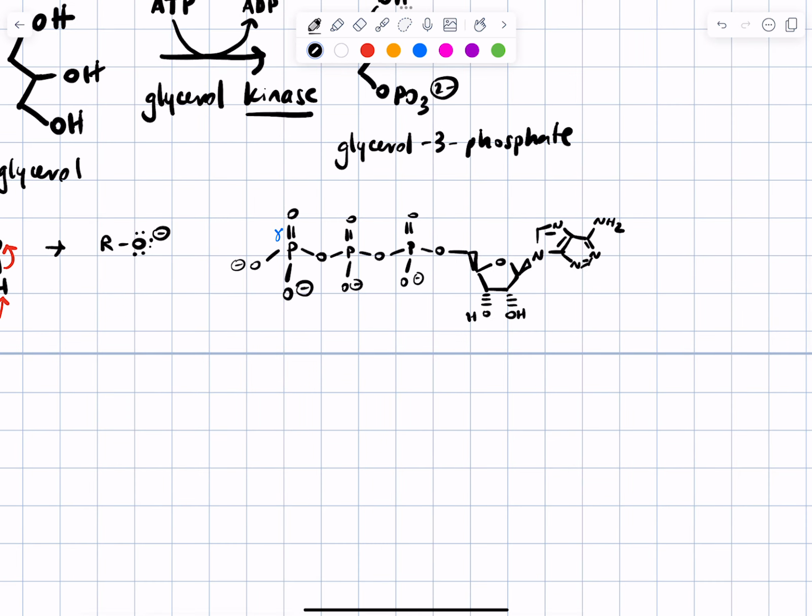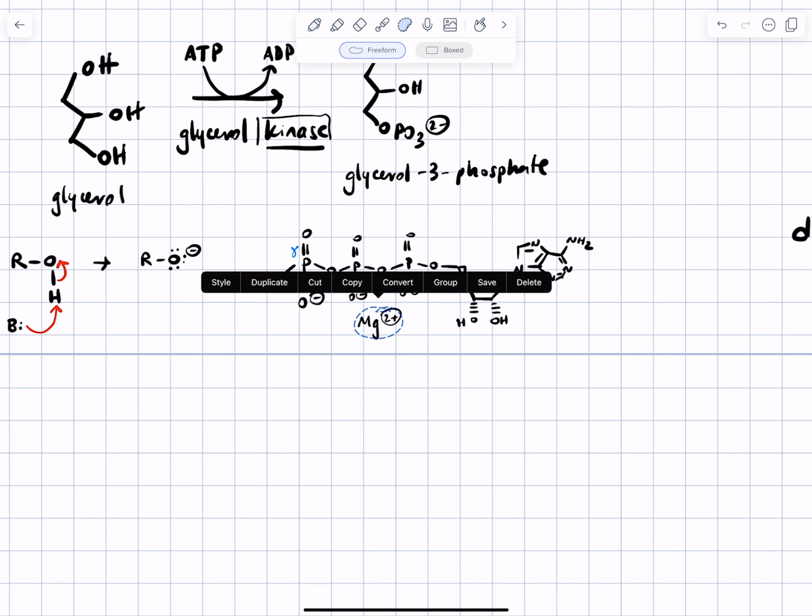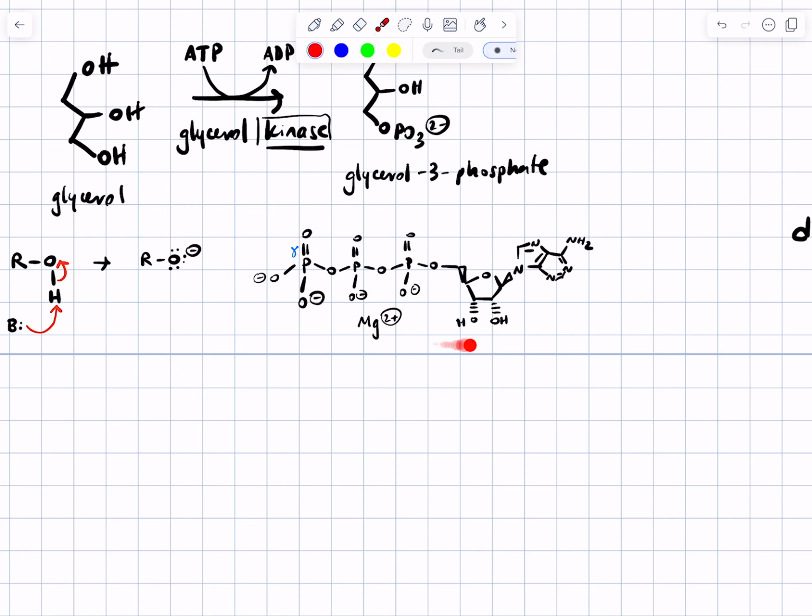And understand that in a lot of enzymes that are kinases, magnesium metal, a divalent cation, meaning a +2 charge, is an important cofactor. Likely what the magnesium is doing is associating with the negative charges on the phosphate portion of ATP, perhaps allowing what's over here to be a better leaving group.